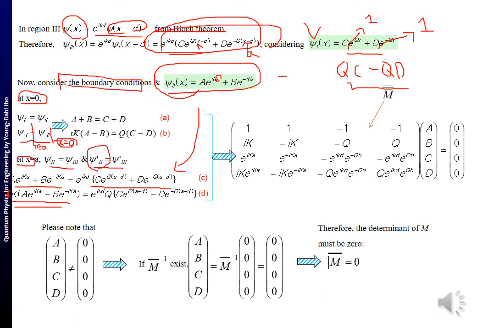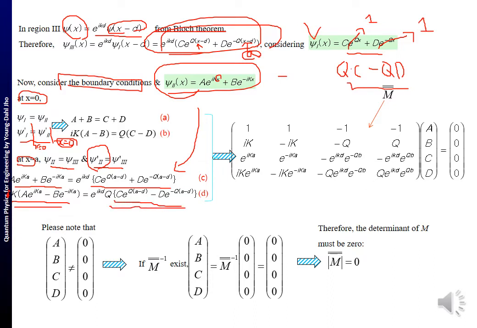Actually, there should be i here. So in the case of the right hand side, e to the ikd, we take the derivative, so q and minus q should be multiplied. Then we replace x by a, then we have this one.